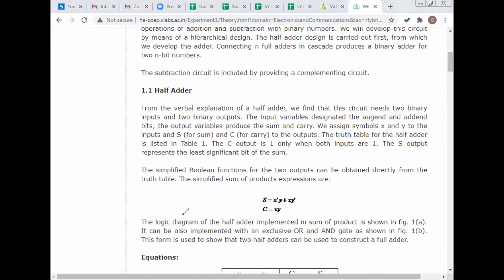X and Y. Input is X and Y. What is the input for a half adder?